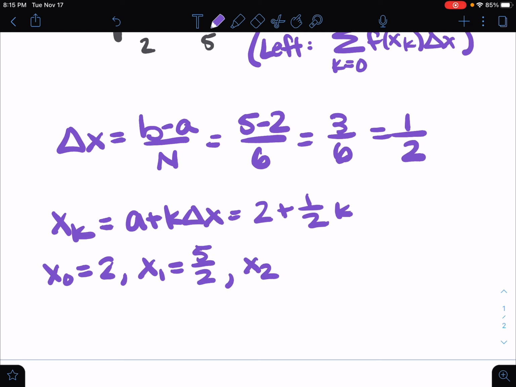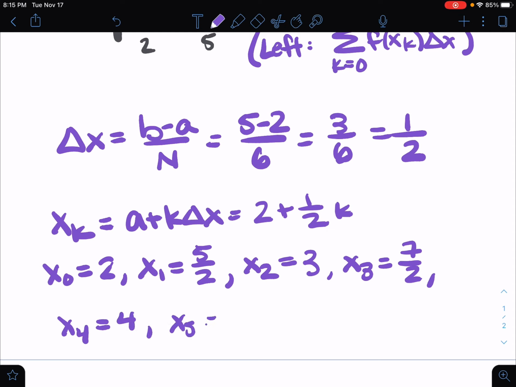X sub 2 is 5/2 plus 1/2, so that's 3. X sub 3 is 3.5. X sub 4 is 3.5 plus another half, which is 4. X sub 5 is 4 plus 1/2, so that's 4.5 or 9/2, and then x sub 6 gets us to 5, the ending point of our interval.